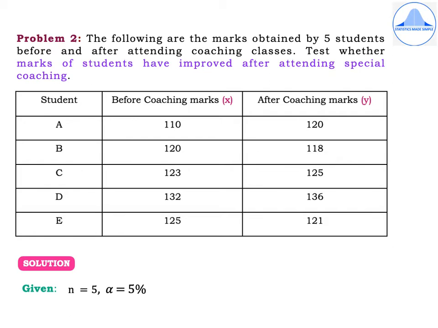And after coaching, the marks are 120, 118, 125, 136, and 121. The first step is to mark before coaching marks as X and after coaching marks as Y. Under solution, write given n equal to 5 and alpha is 5%.